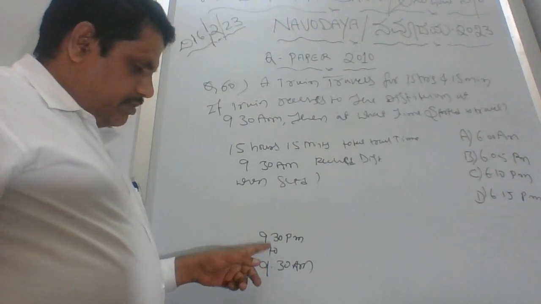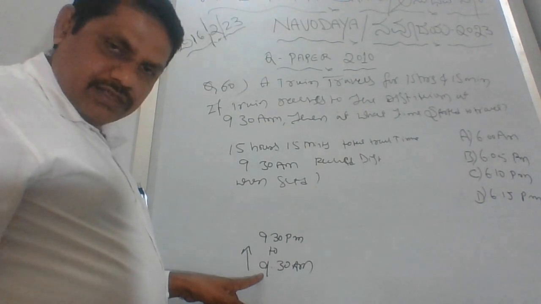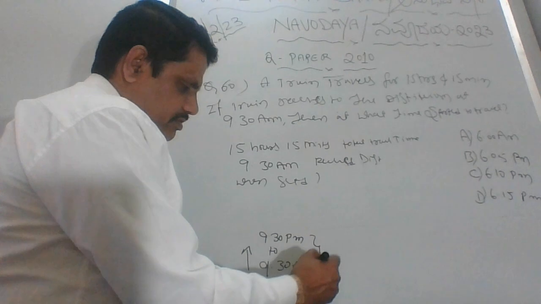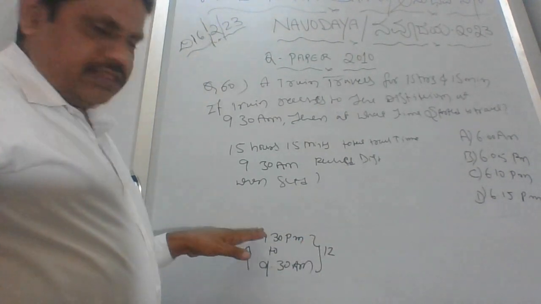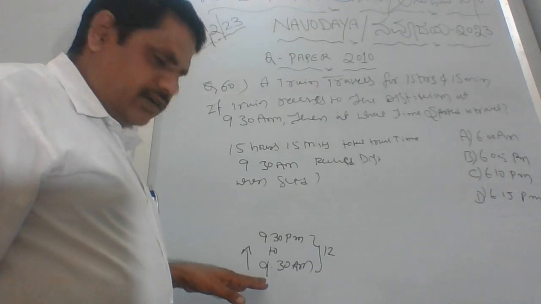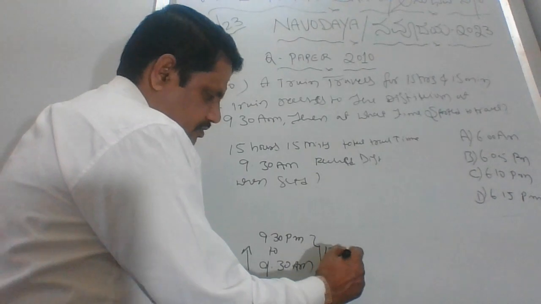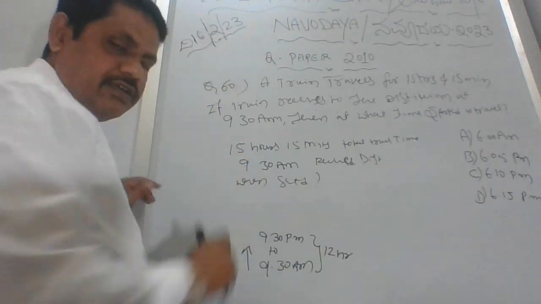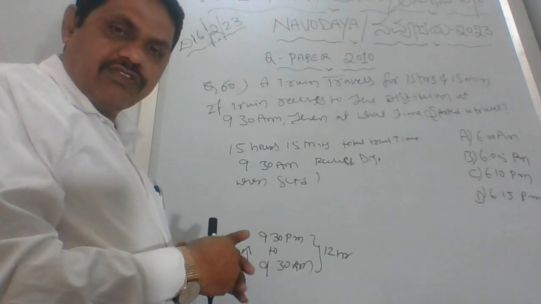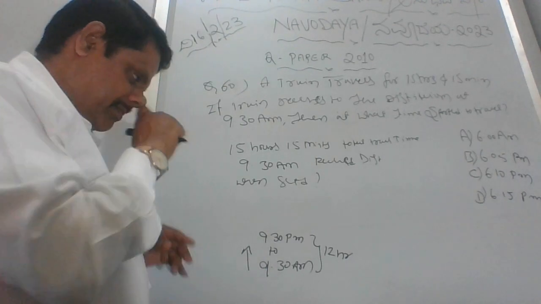Got it? That means the entire night they traveled, from here to here, how many hours? 12 hours. If you assume they started at 9:30 PM at night and reached here, then 12 hours are over, but we need 15 hours 15 minutes. That is what the question demands, and we have to answer for that.